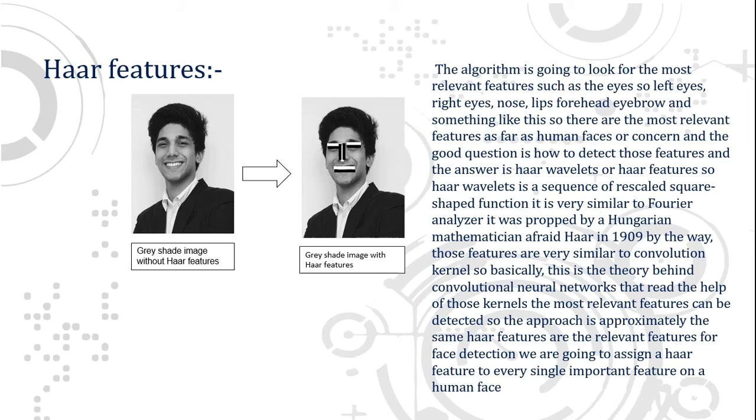And with the help of those kernels the most relevant features can be detected. So the approach is approximately the same: Haar features are the relevant features for face detection. We are going to assign a Haar feature to every single important feature on a human face. Let's see some Haar features.